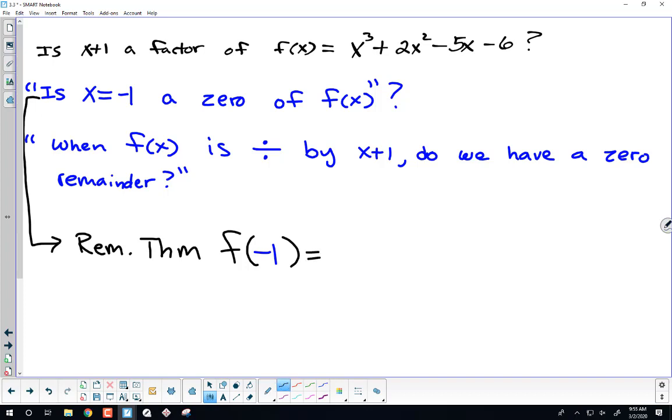So we have -1 cubed plus 2 times -1 squared minus 5 times -1 minus 6 is what we're evaluating. So we just need to figure out what that value actually is. 0? Did you get 0? Okay, somebody got 0. Anybody else?